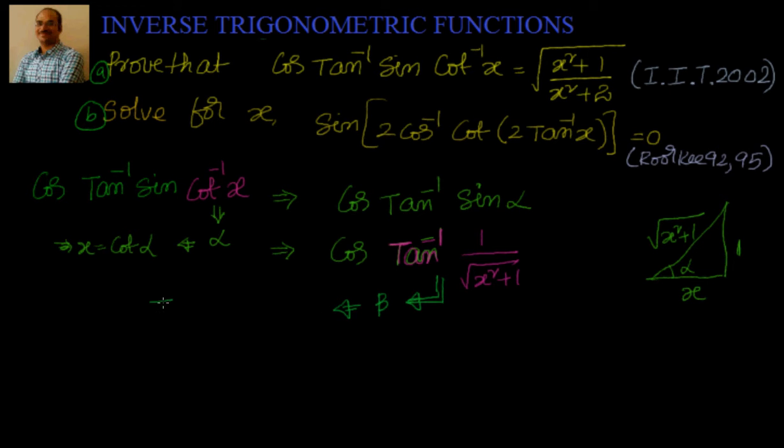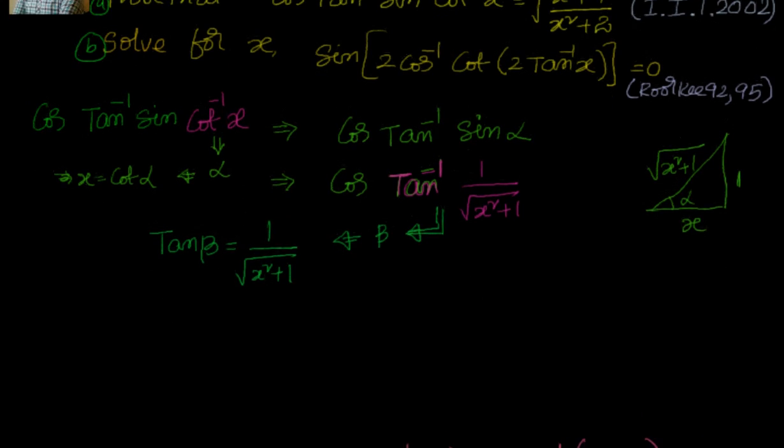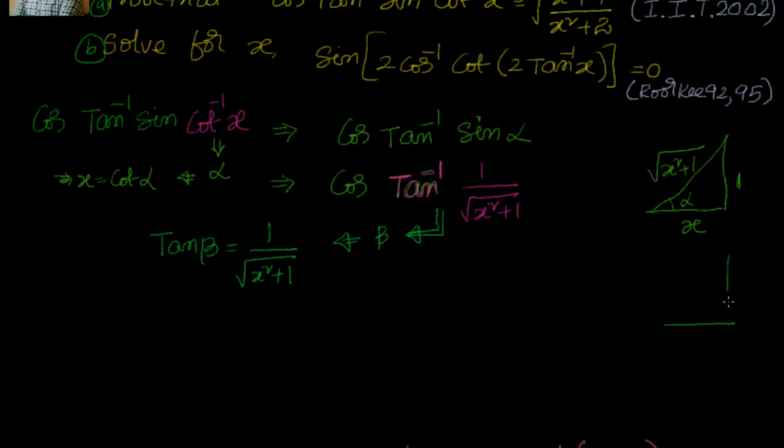That gives me tan beta equals 1 by square root of x square plus 1. Tan beta is opposite by adjacent, so the adjacent is square root of x square plus 1. Squaring this gives x square plus 1, and adding the square of 1, that is x square plus 2.